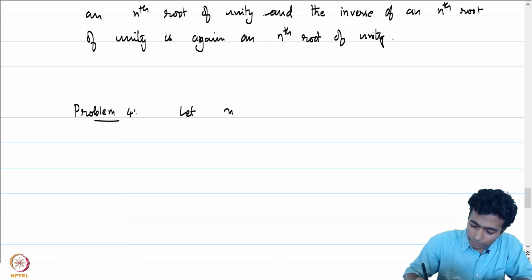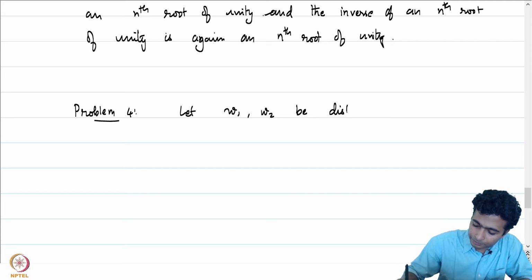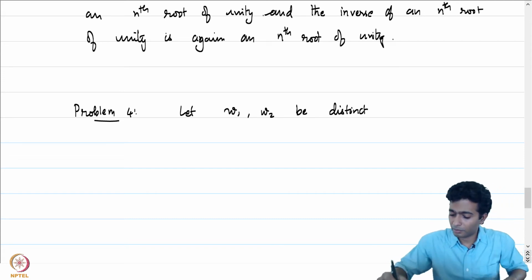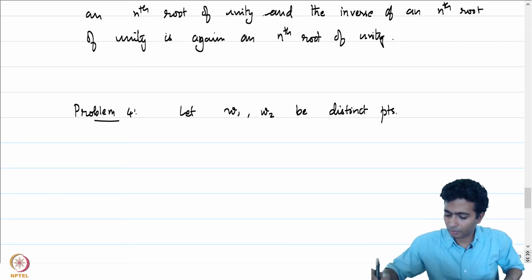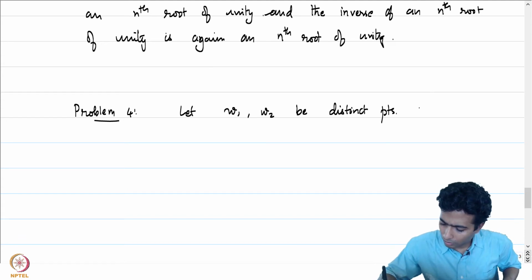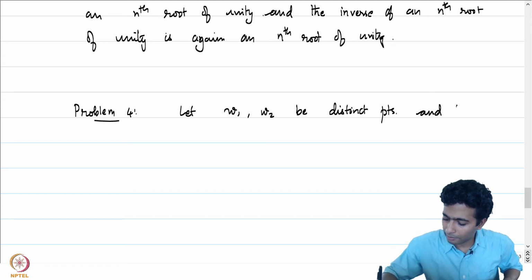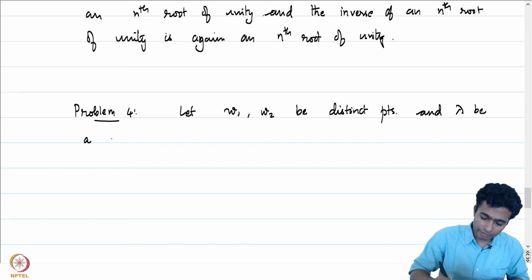Let w1 and w2 be distinct points and lambda be a positive real number.